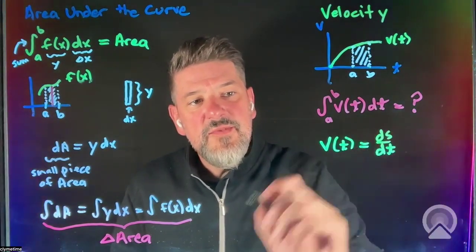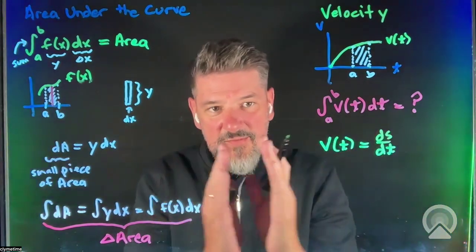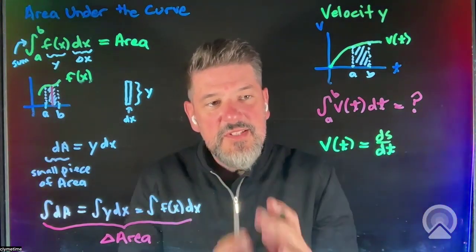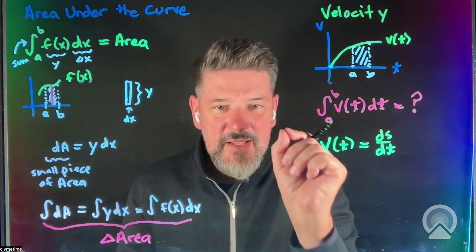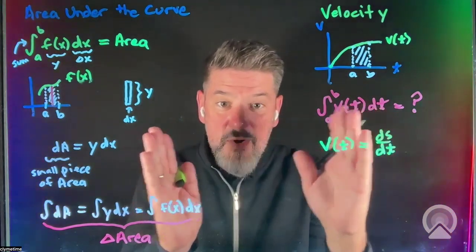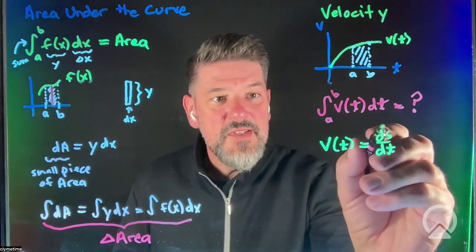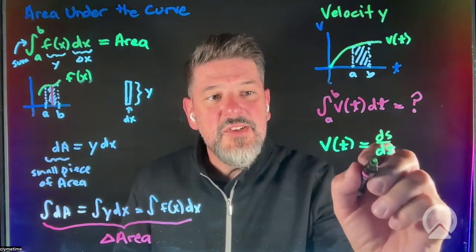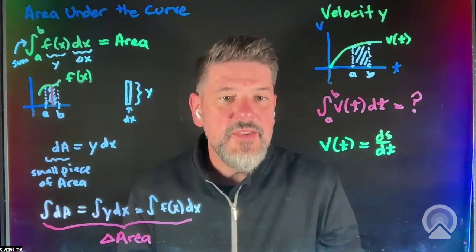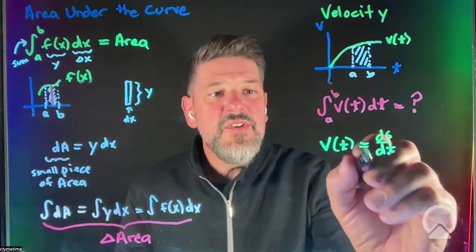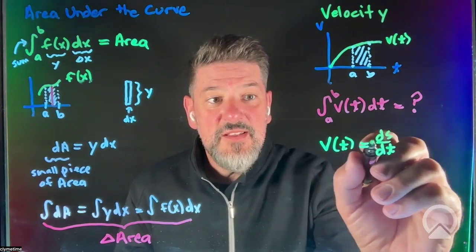So it's rise over run, but the rise is infinitely small and the run is infinitely small. And if the rise and run are infinitely small, it hones in on a tangent line. So it becomes the slope of the tangent line of the position function, and so it becomes your velocity at an instant. That's what we would call the instantaneous velocity.